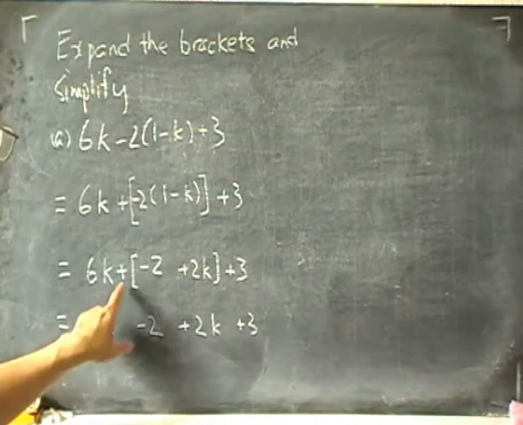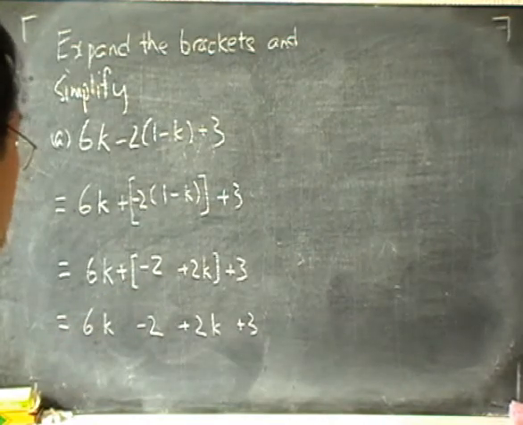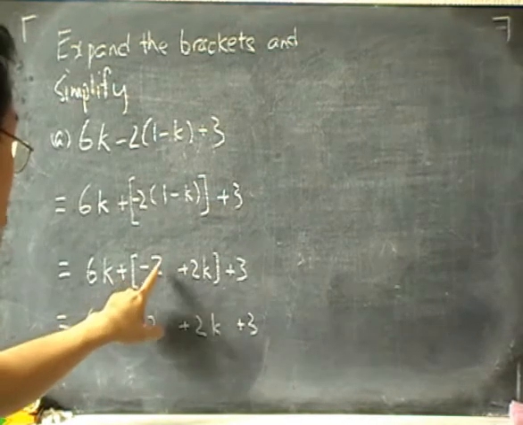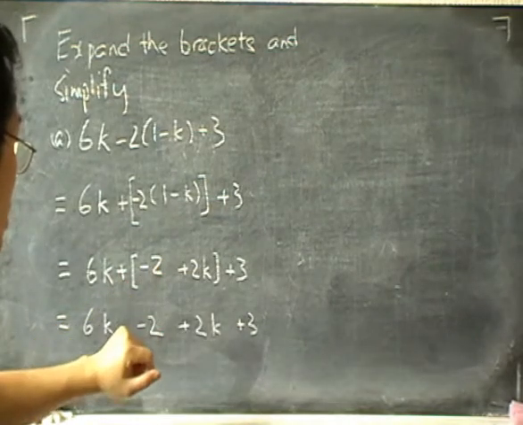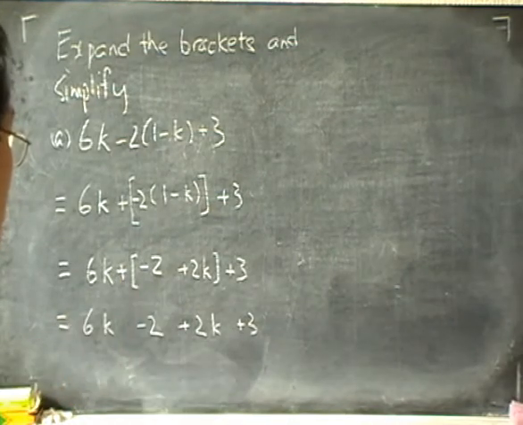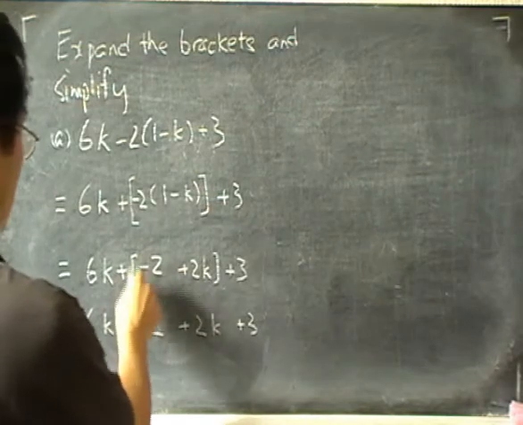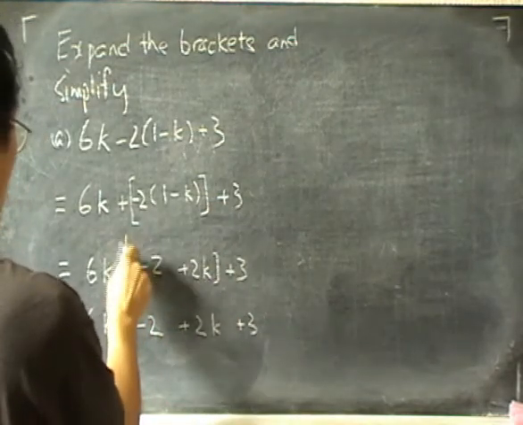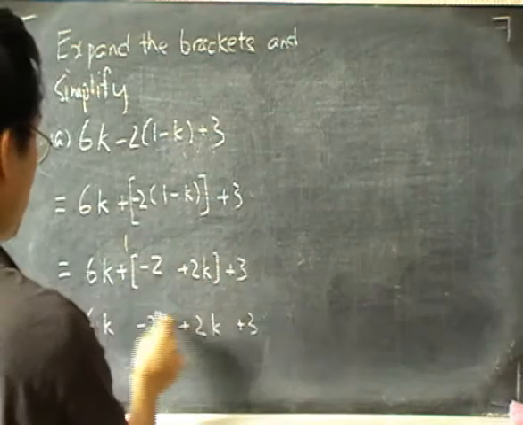The plus sign here simply means that we are adding. The plus sign here with nothing in front of the bracket simply means that it is the same as a 1 times this bracket.